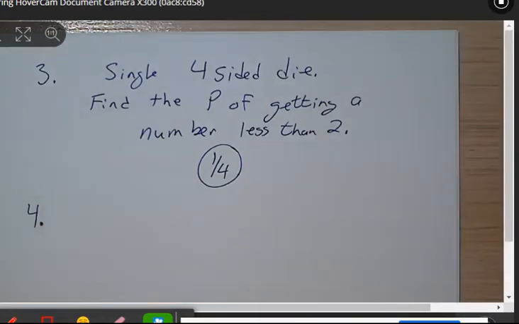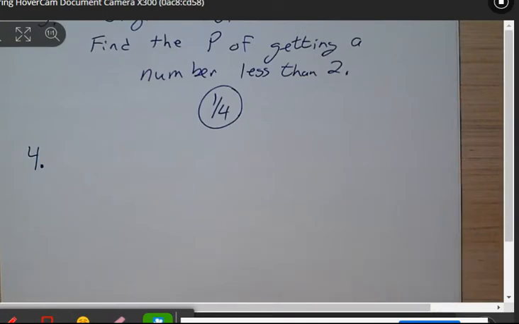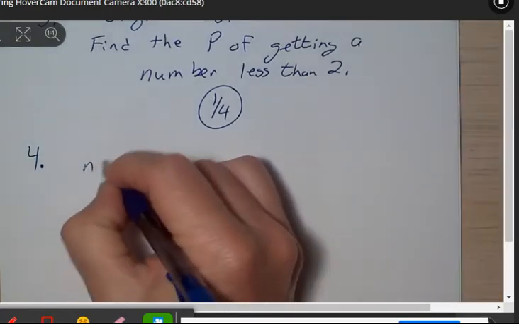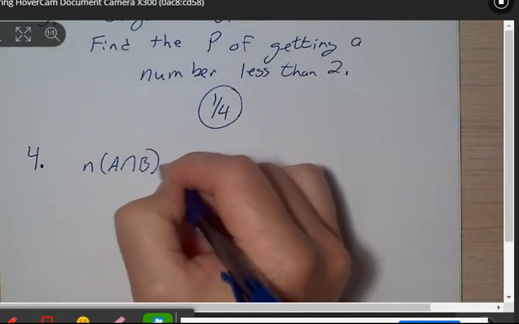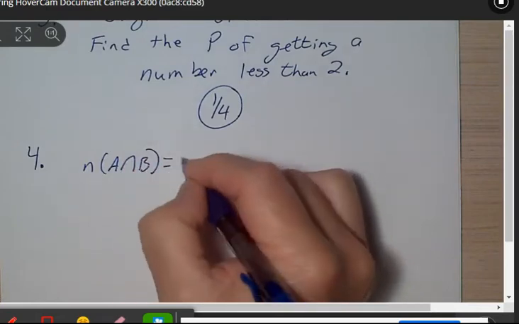Okay, number 4. This is one where they do give you a Venn diagram. Again, it's another one where I don't think you need the Venn diagram, but just to show you what the problem is, they tell you that the number of A intersect B is equal to 6.